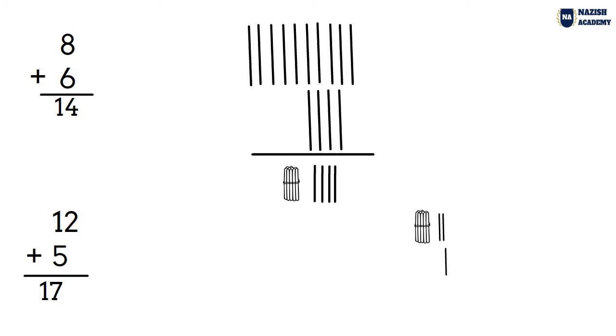And now 1, 2, 3, 4, 5 more sticks. 12 plus 5 is equal to how many sticks are there? 10 and 1, 2, 3, 4, 5, 6, 7. 10 plus 7, 17 sticks.